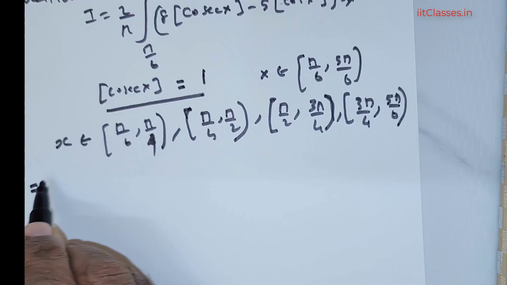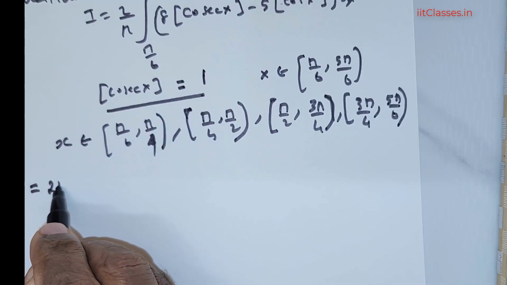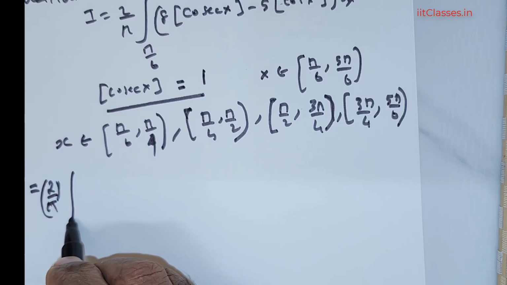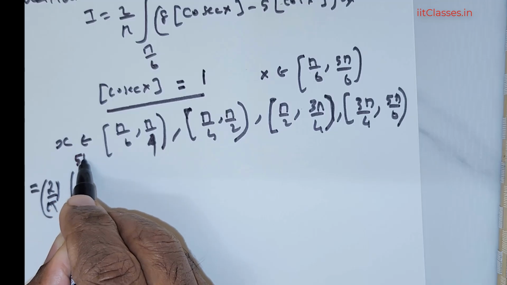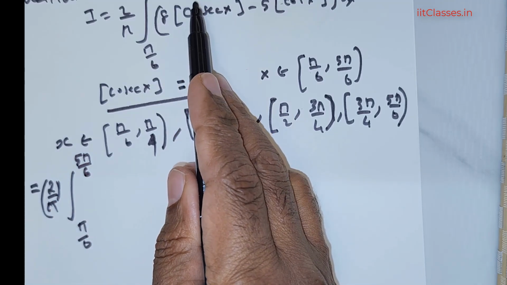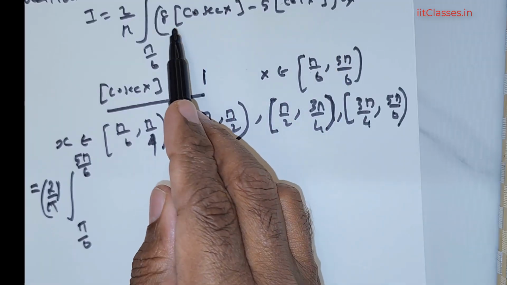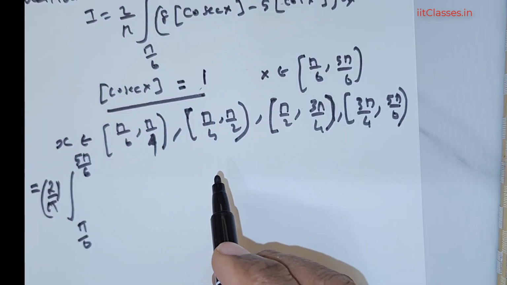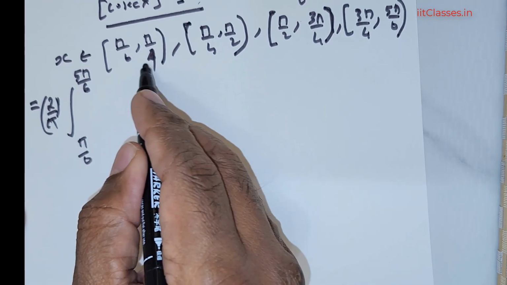So the interval is going to be split as follows: 2 over pi, integral pi over 6 to 5 pi over 6. I just mentioned to you the value of the greatest integer of cosecant x is going to remain as 1.